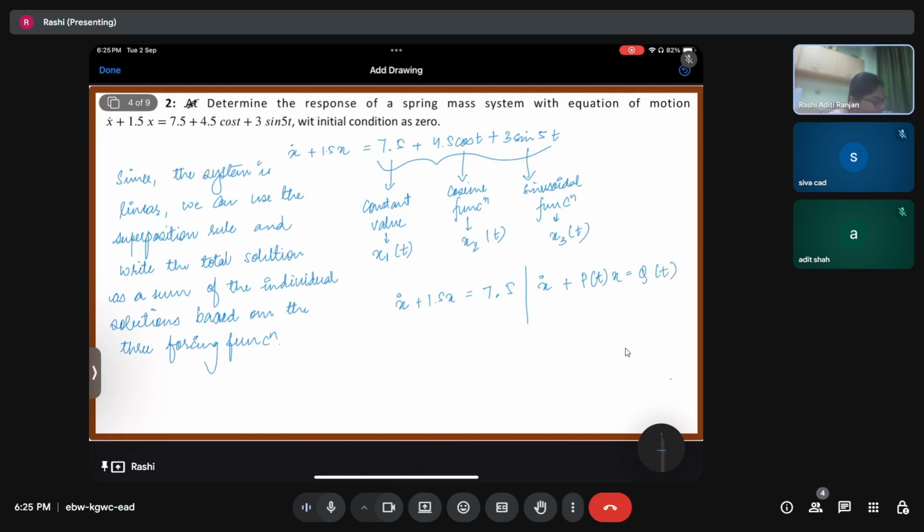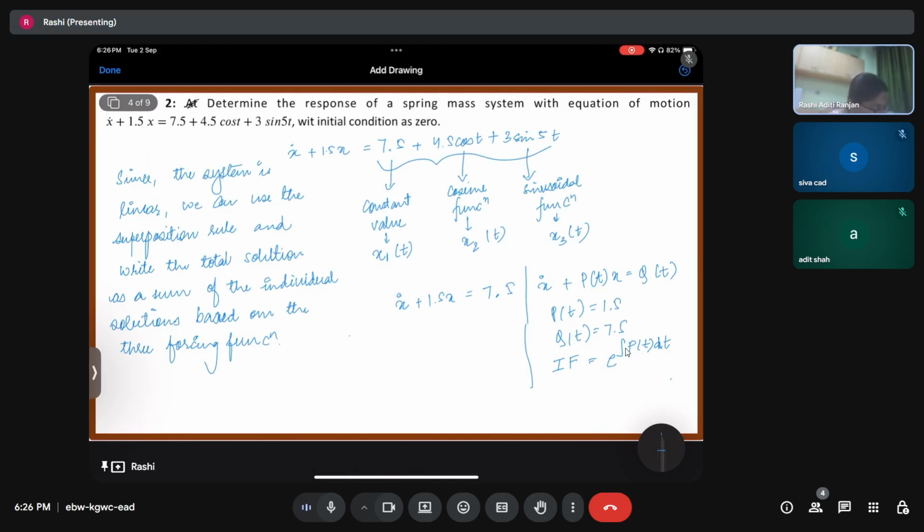Wherein p of t is 1.5 and q of t is 7.5. For this kind of equation, we used to find the integrating factor as e to the power integration of p of t dt, right? This is how we used to find the integrating factor.